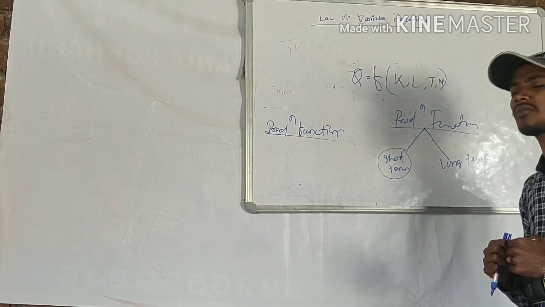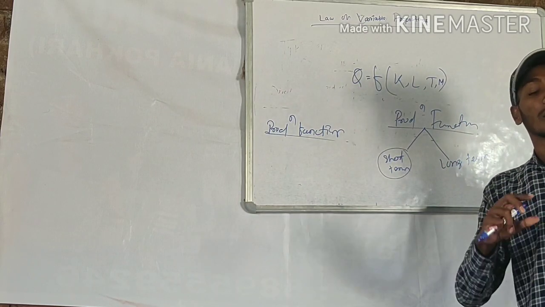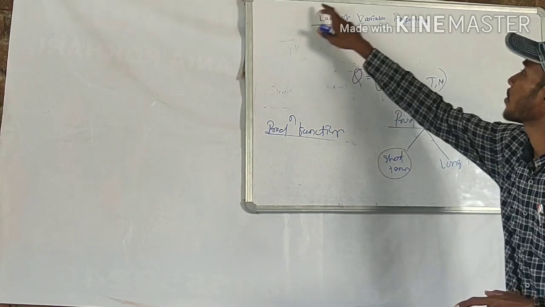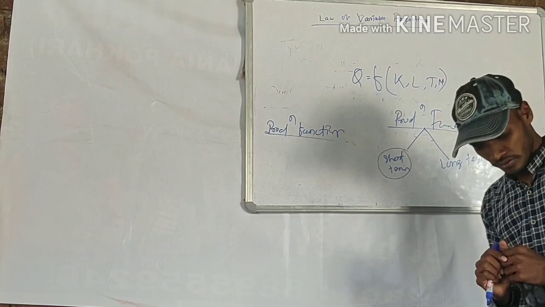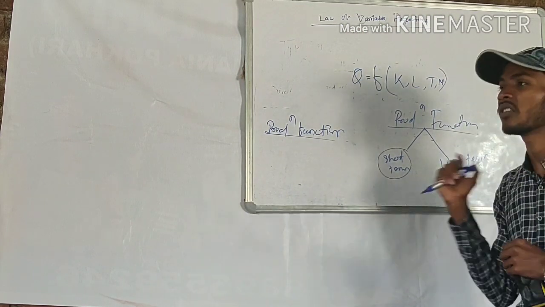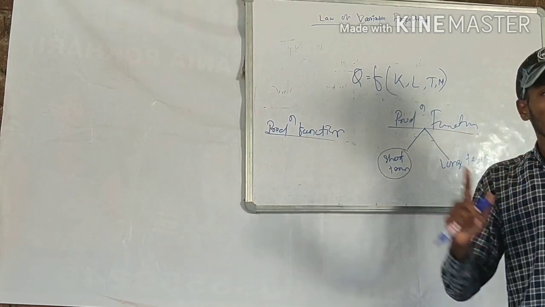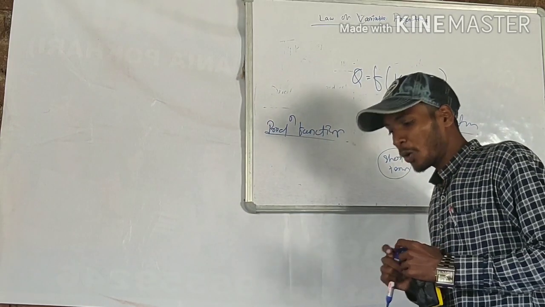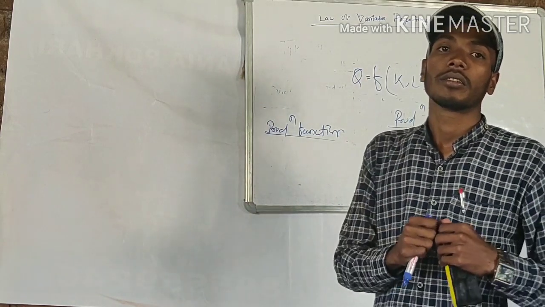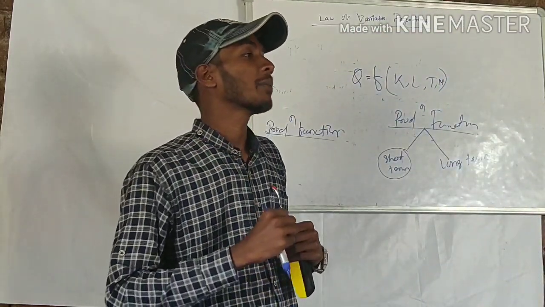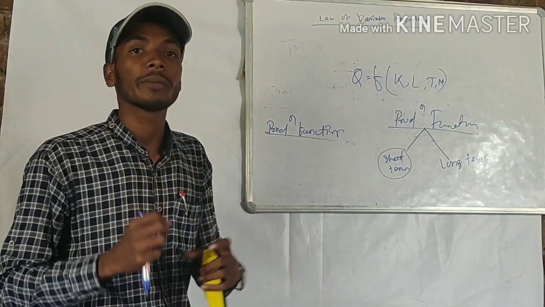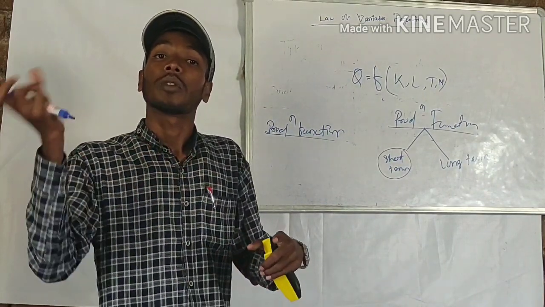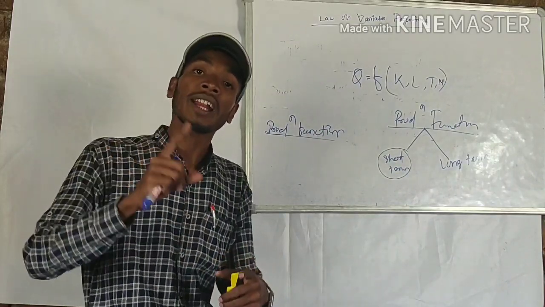Why is this law of variable proportion taking place? Because in this law, both factors are combinedly varied. Not all factors vary proportionally; both factors are combinedly varied.